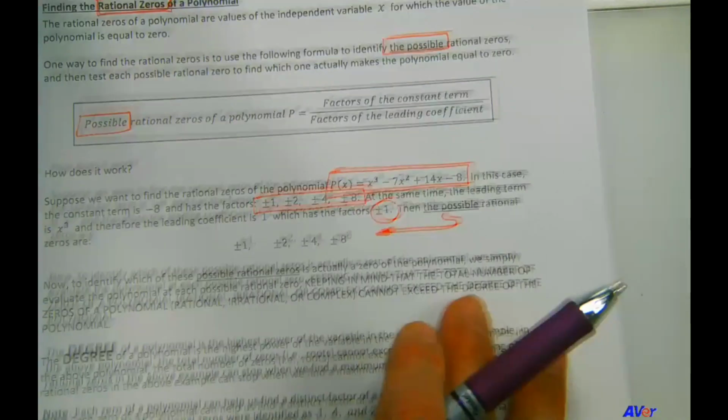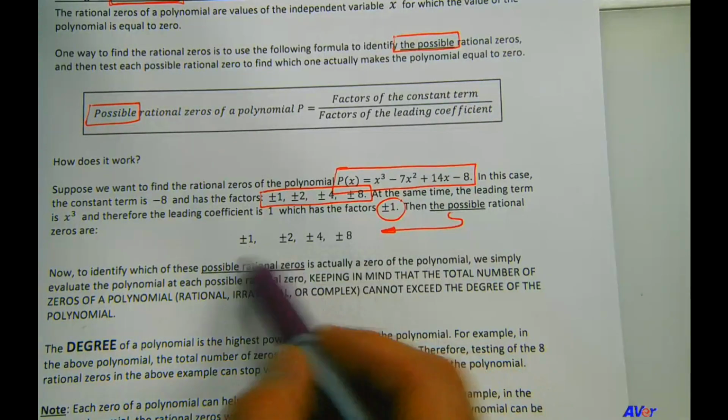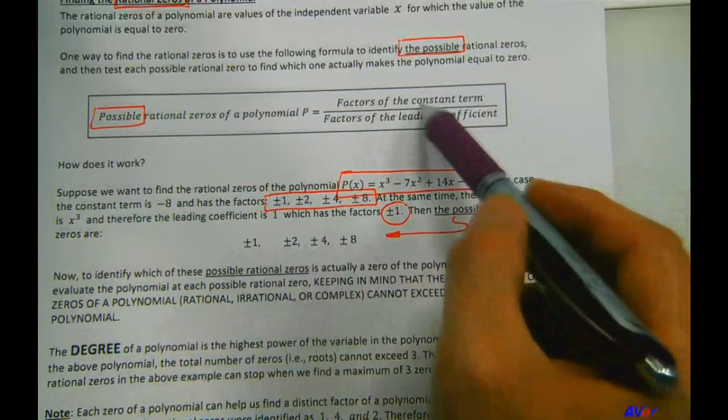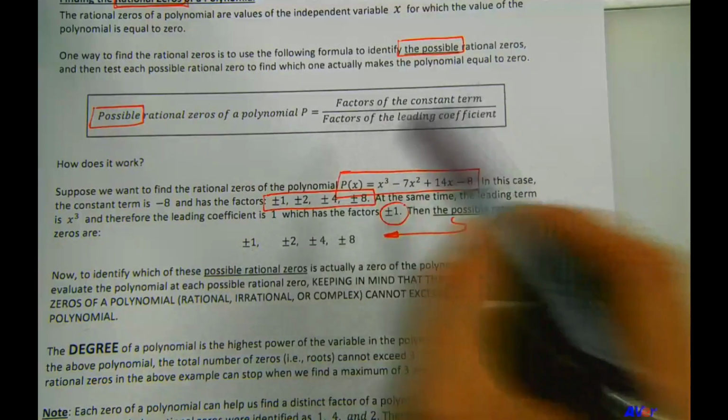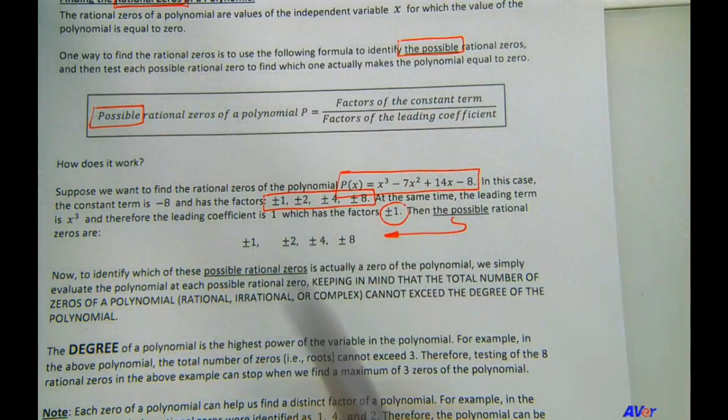So what happens when you find the potential zeros? What do you do with these? We know that we find these by finding the factors of the constant term and dividing them by the factors of the leading coefficient. That's how we find these. But what do we do with them now?